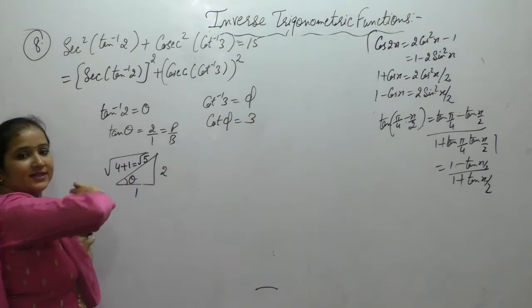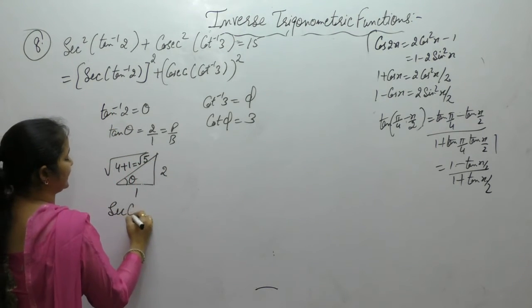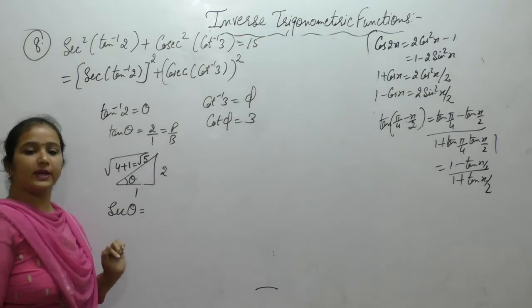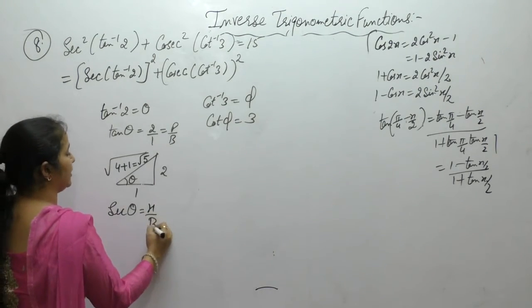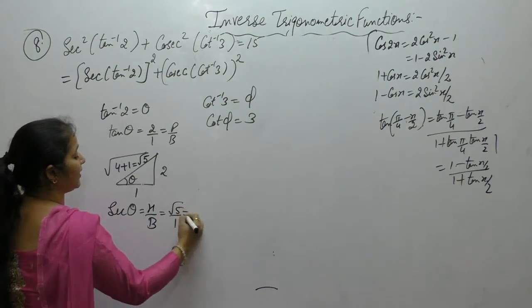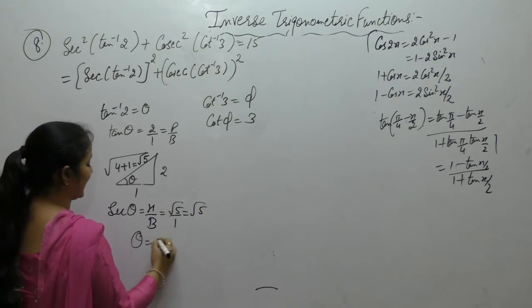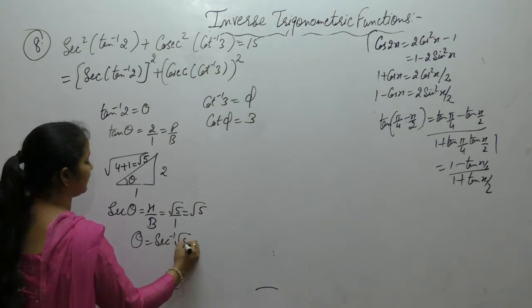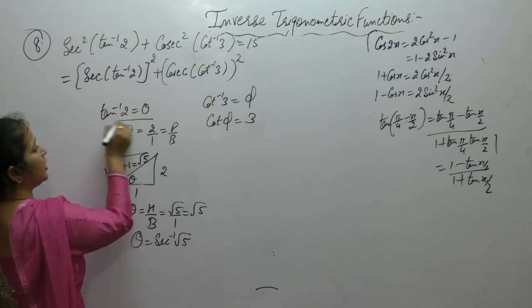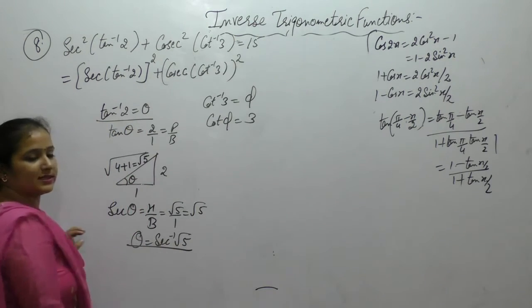Here we have sec, so we want sec theta. Cos is b upon h, so sec will be h upon b, root 5 upon 1. So we get theta as sec inverse root 5. This is also the value of theta.